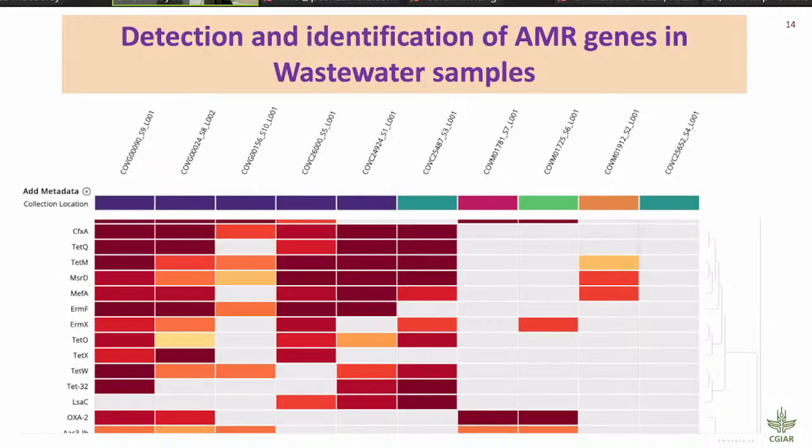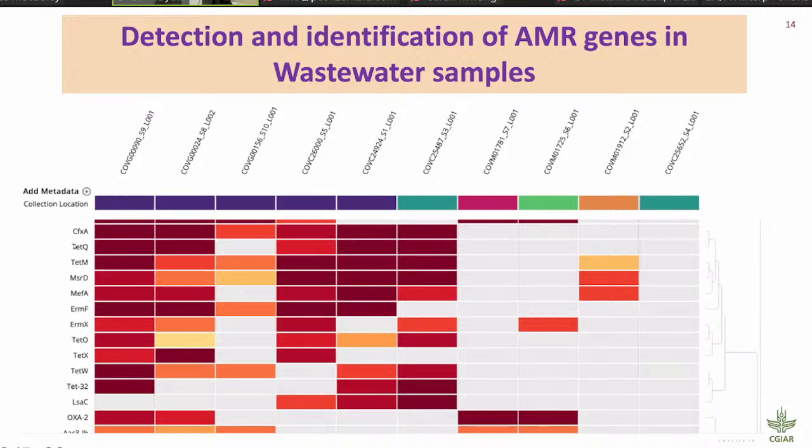So I've mentioned the pathogens, but I've also talked of antimicrobial resistance. Here again, I'm showing part of our data that we have analyzed from the wastewater following the metagenomics approach. You can see from the different samples we've analyzed, we are getting several antimicrobial resistant genes.